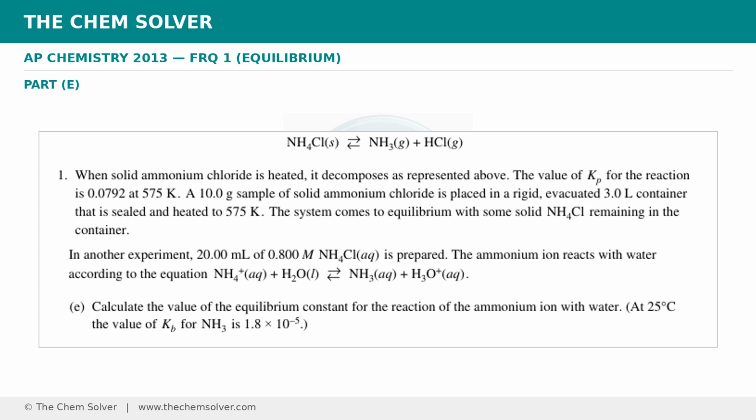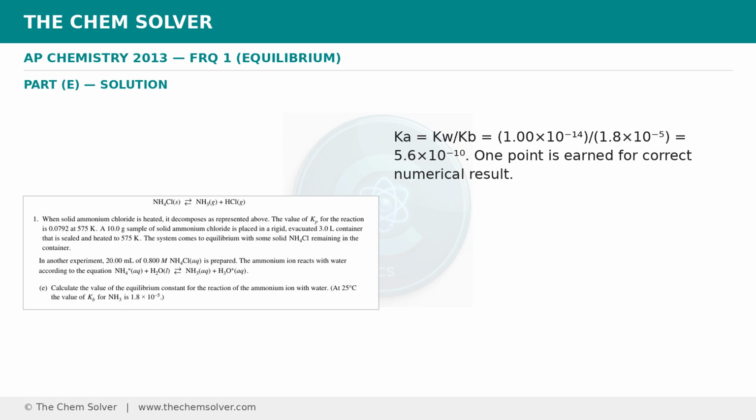At 25 degrees Celsius, the value of Kb for NH3 is 1.8 times 10 to the power negative 5. K equals Kw divided by Kb equals 1.00 times 10 to the negative 14 divided by 1.8 times 10 to the negative 5, which is equal to 5.6 times 10 to the negative 10. 1 point is earned for correct numerical result.